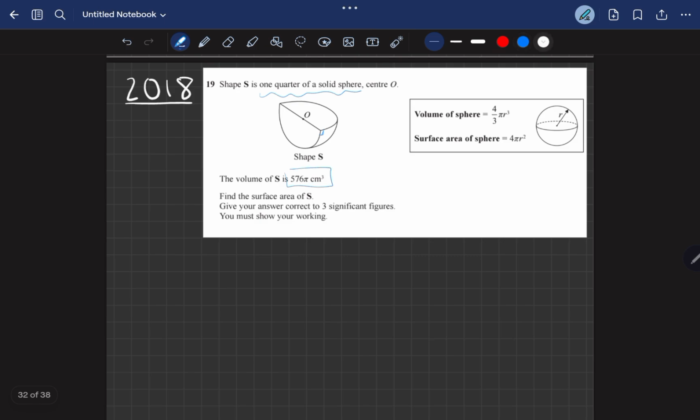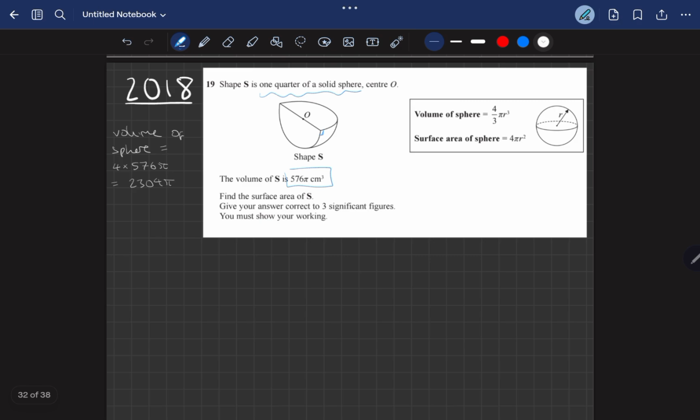Let me write, volume of sphere is going to be 4 times 576 pi. And this is equal to 2304 pi.